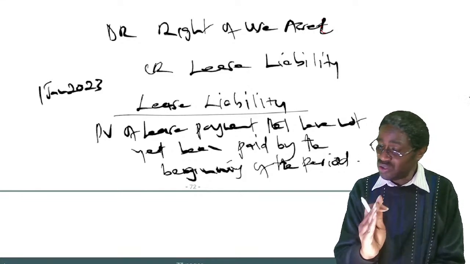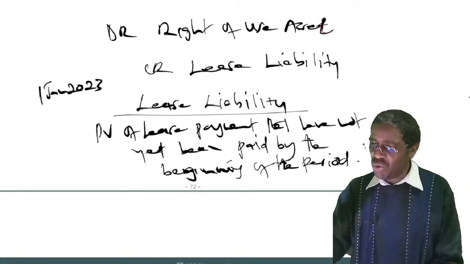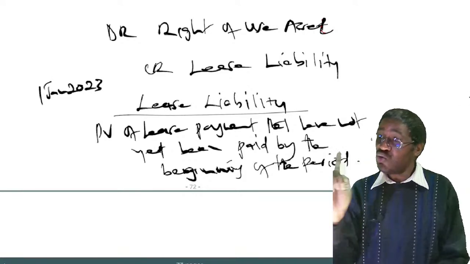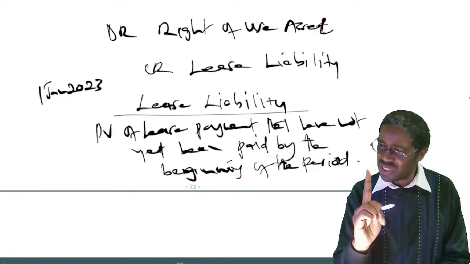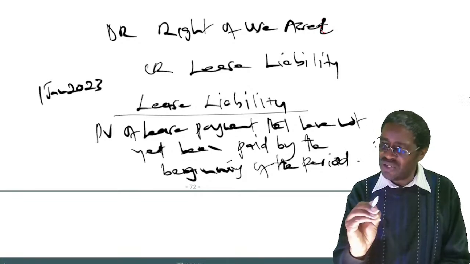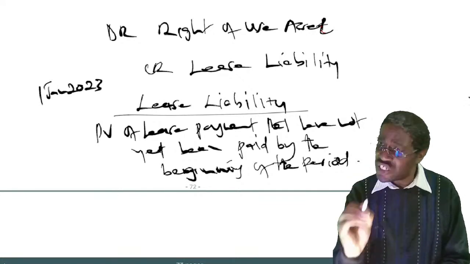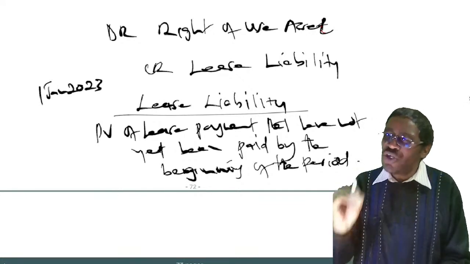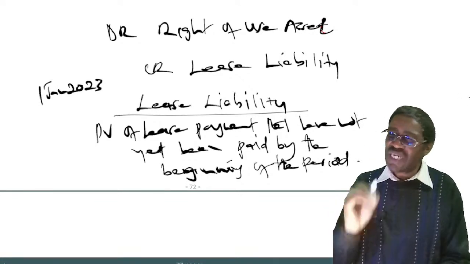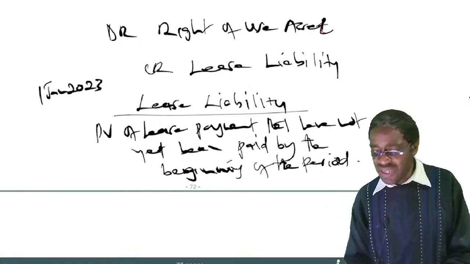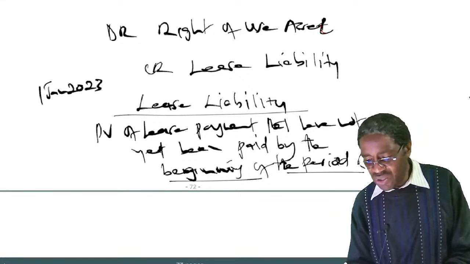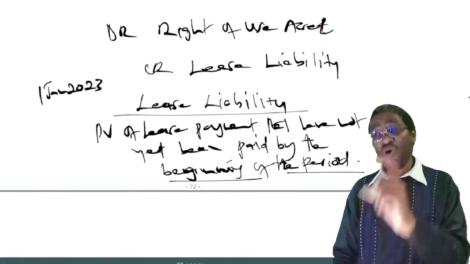How many more installments are remaining? 9 more installments. So you get the present value of the installments or the lease payments that have not yet been paid by the beginning of the period.